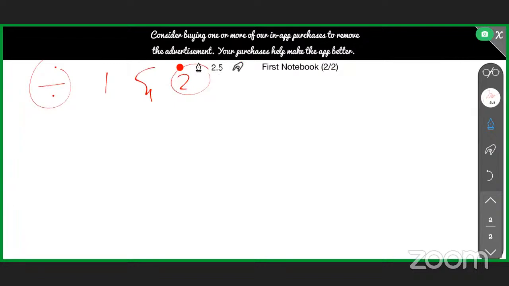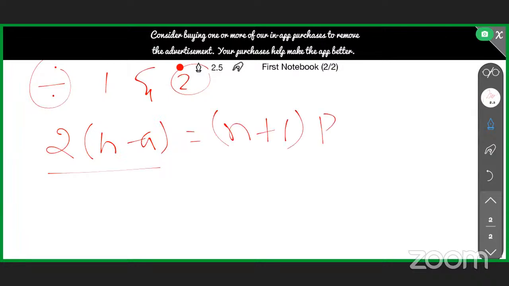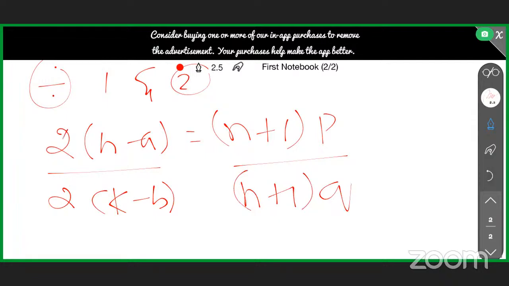My equation 1 is 2 into (h minus a) is equal to (n plus 1) into p. My equation 2 is 2 into (k minus b) is equal to (n plus 1) into q. The 2 cancels and the n plus 1 cancels.